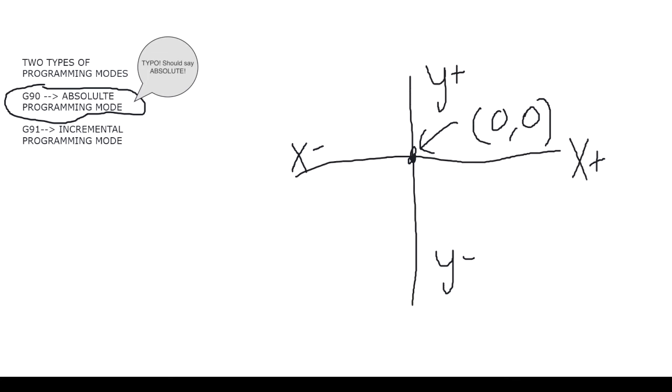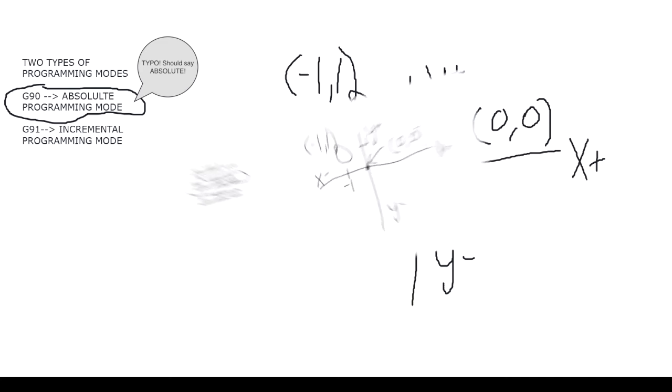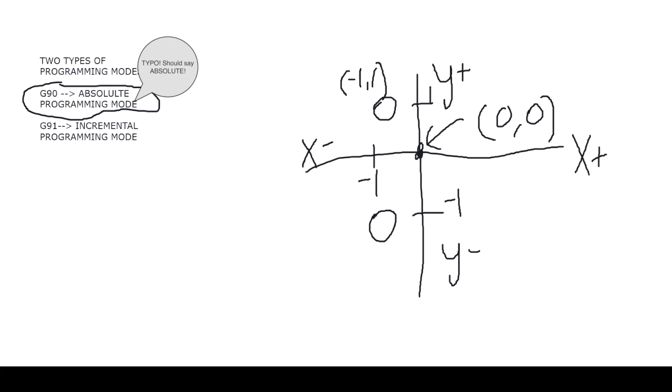So if you were to look at this graph and you had to drill a hole over here, and that was -1, and this is +1, you would tell the machine to go to -1, 1. In absolute programming mode, you would also program this bottom hole here to -1, -1.